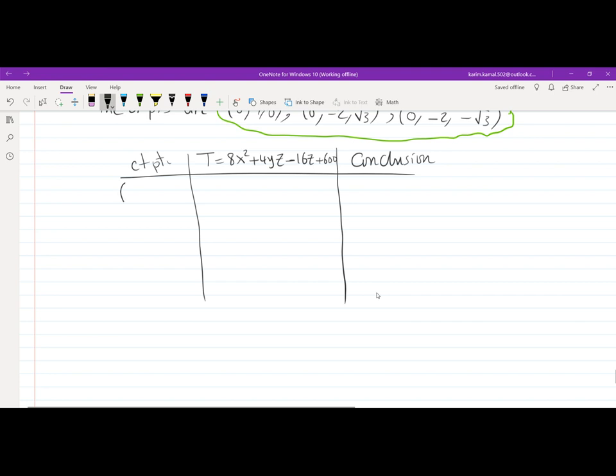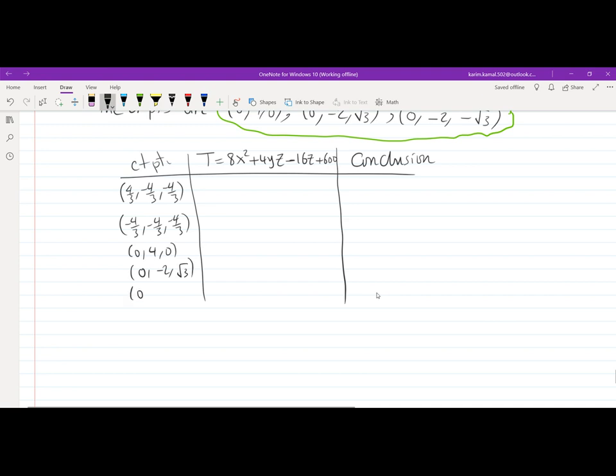This is the first one. Second one, negative 4 over 3 and negative 4 over 3 and negative 4 over 3. Third one will be 0 and 4 and 0. The fourth one will be 0 and negative 2 and root 3. And the last one, which is 0 and negative 2 and negative root 3.